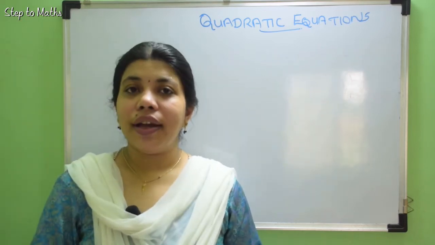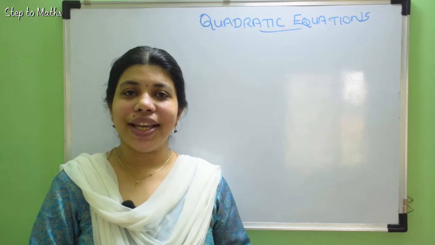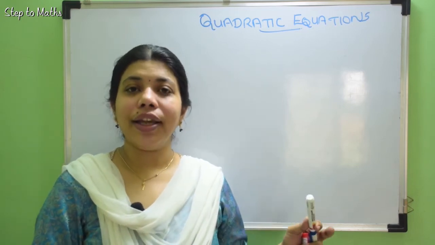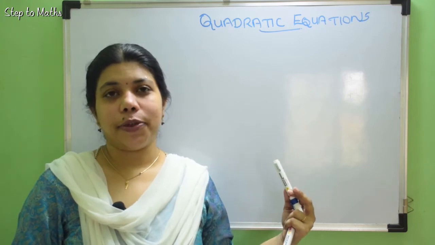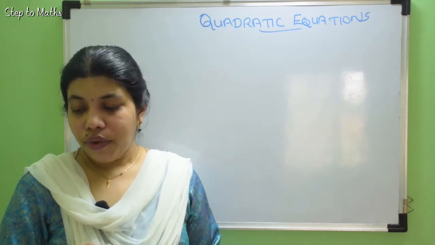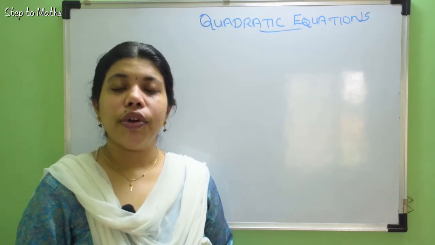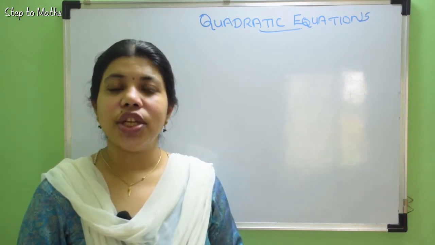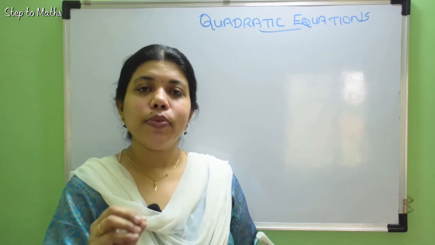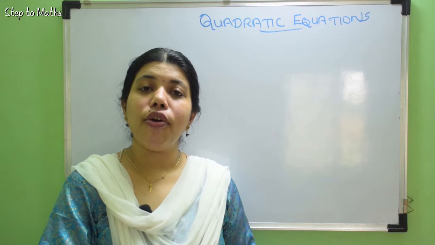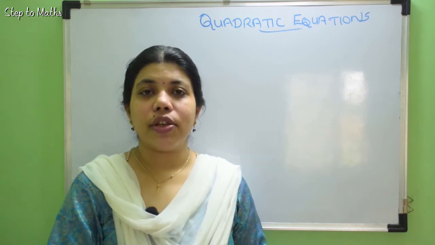Next we check how we can represent some situations as quadratic equations. First one, the product of two consecutive positive integers is, assume, 306. Then how can we find the values of these integers?